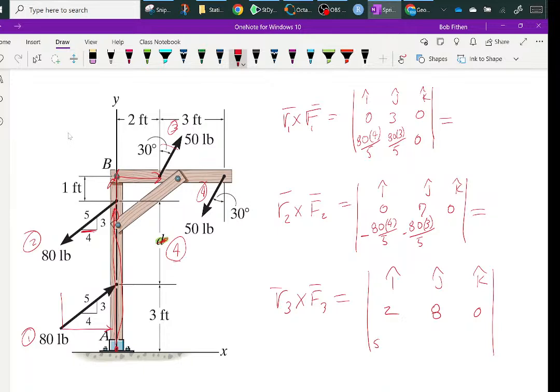So let's see, 50 times the X component is going to be sine of 30. Here, I'll do it this way. This indicates the sine because I don't want to write the whole thing out.